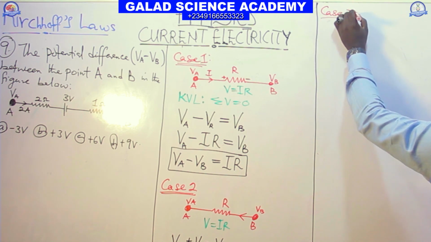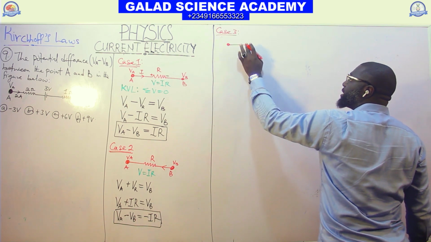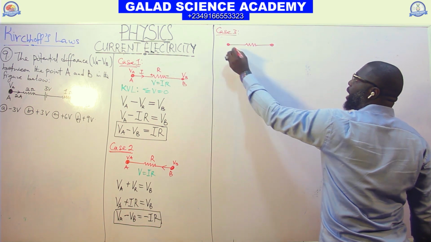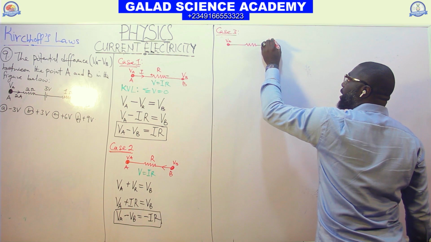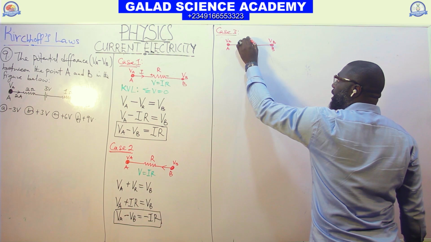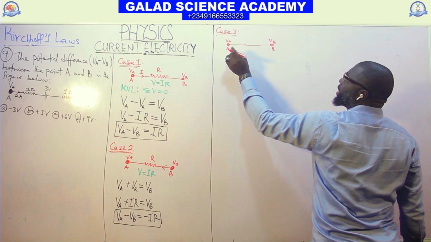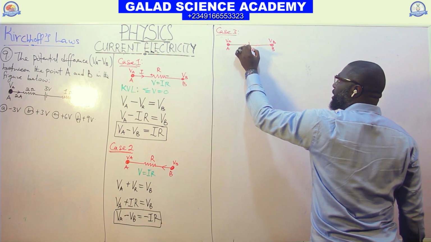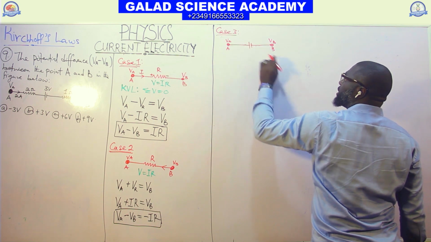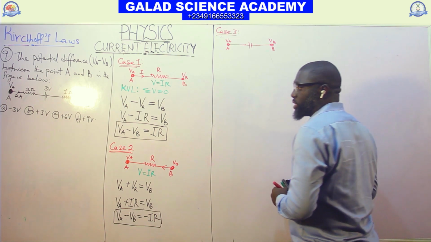So the next one, case 3. If you have a terminal like this, and we have VA, VB, which is A, B. This one, let me say, is for a cell, for a battery. Let me take it for the cell, which is a battery.